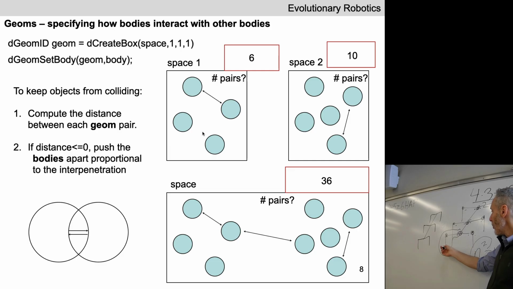In this case, we have 1, 2, 3, 4, 5, 6, 7, 8, 9, 10, 11, 12, 13, 14 objects, 14 links. So we do this many collision detection events. Over here, we also have 14 links. We do the same number of collision detection events.